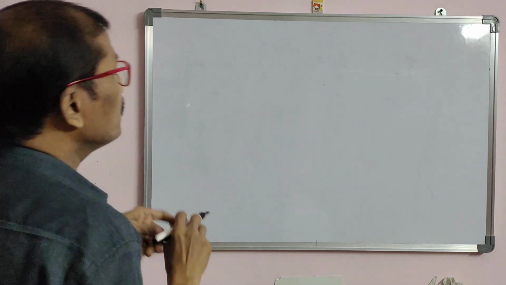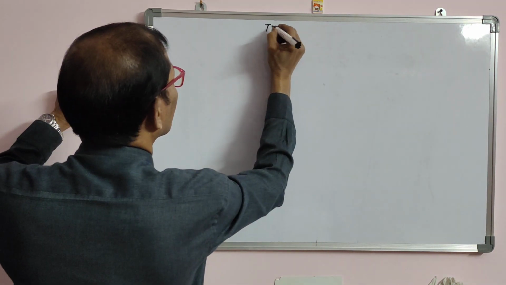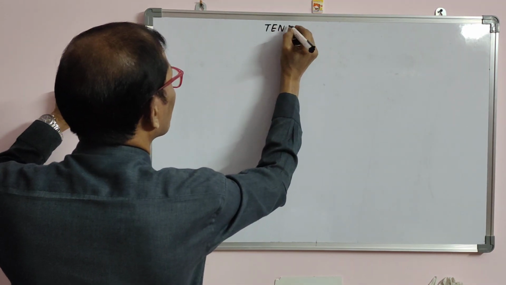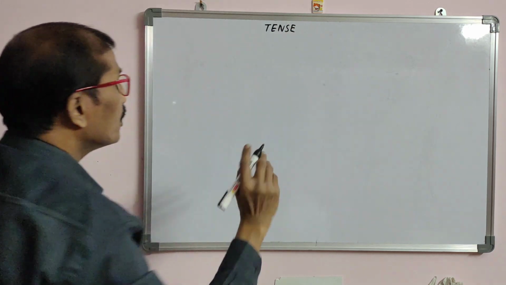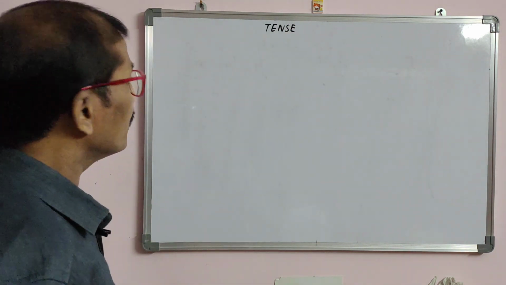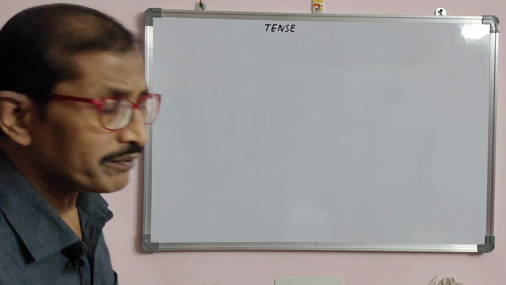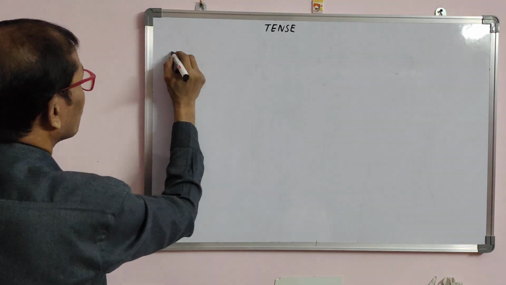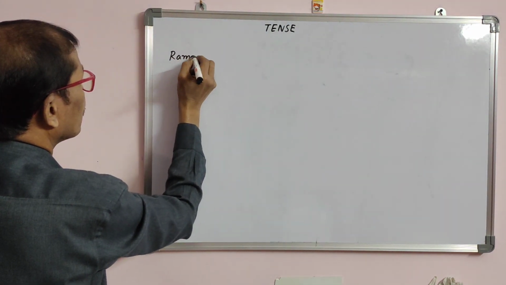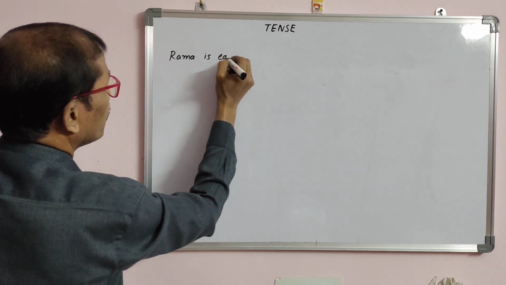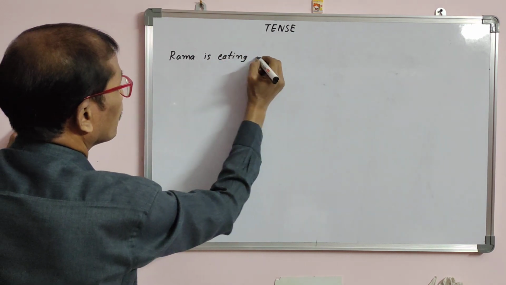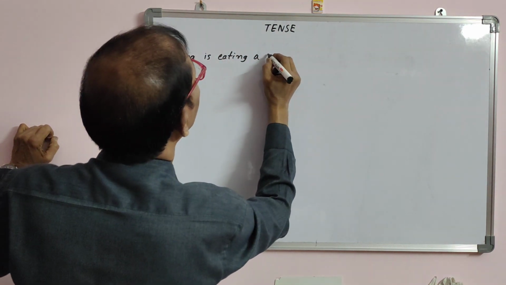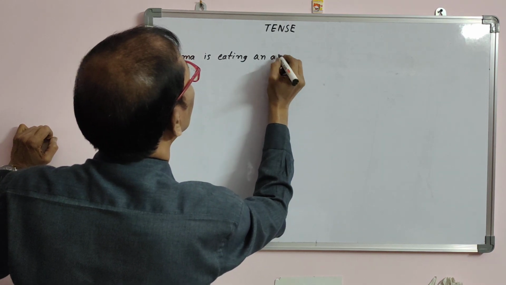Now, I am coming to the main point, that is tenses. What is a tense? To make you better understand tense, I am going to give you some examples. Rama is eating an apple, for example.